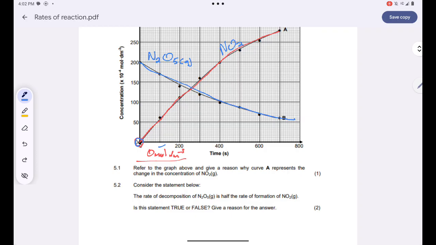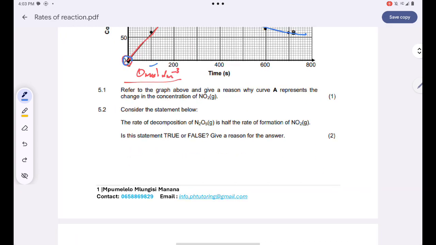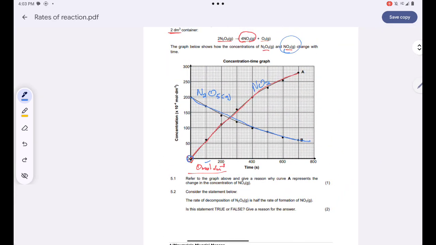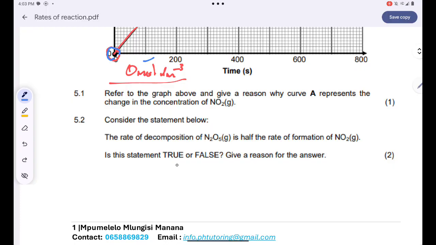Then we must consider the statement below. It says the rate of decomposition of nitrogen pentoxide is half the rate of formation of nitrogen dioxide. Is the statement true or false? Let's check the stoichiometric coefficients. There's 2 and 4. It means we need 2 moles of nitrogen pentoxide to form 4 moles of nitrogen dioxide, which is true because the ratio is 2:4, which can be rewritten as 1:2. Are we together?